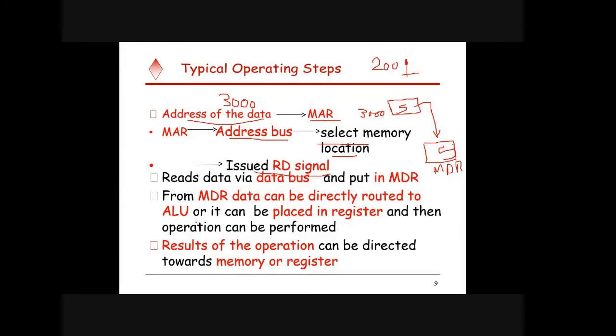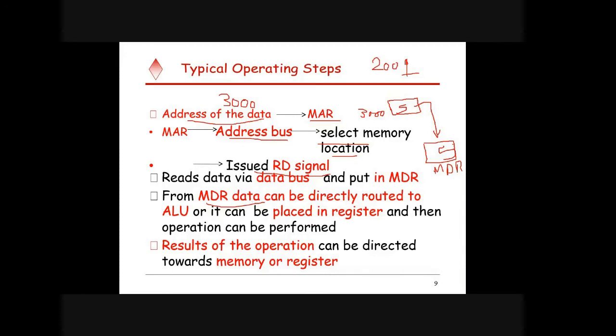Then a few ALUs can take data directly from MDR. But in a few processors, the data should always be available in the general purpose registers. In such cases, from MDR the data will be placed into one of the general purpose registers.